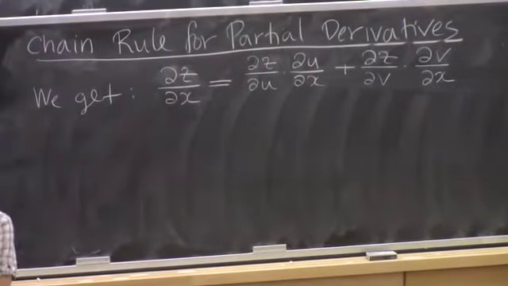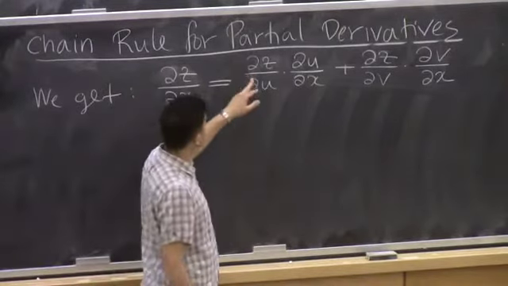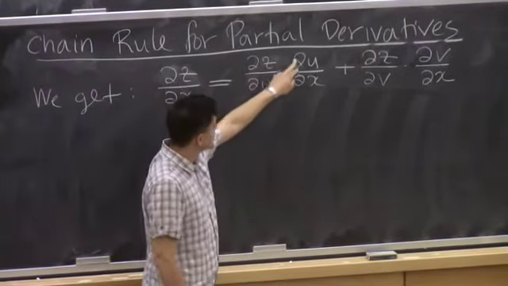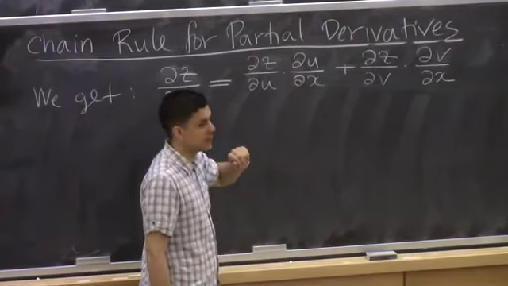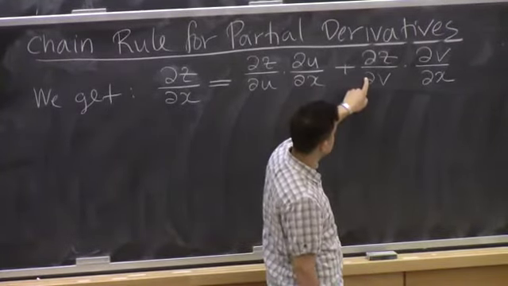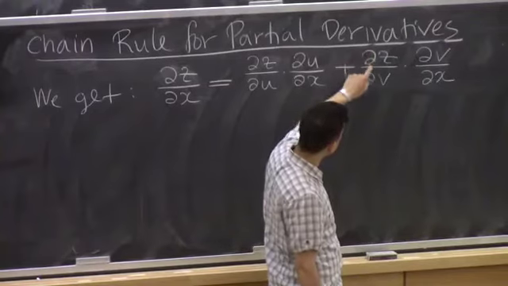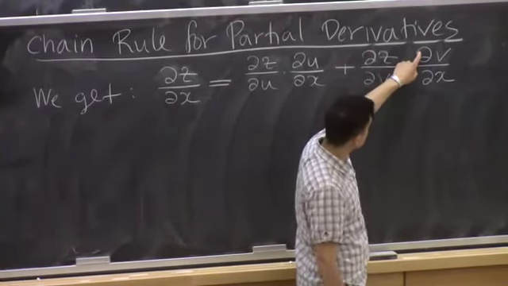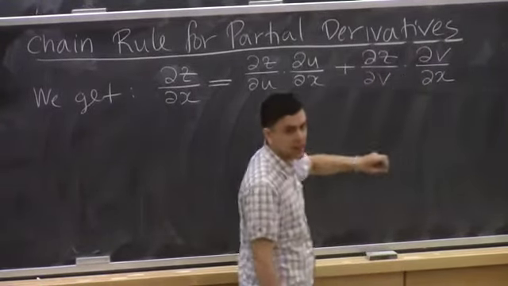Okay, so in formulas, we take the partial derivative of z with respect to u, and we multiply that by the partial derivative of u with respect to x. Or we take the partial derivative of z with respect to v, and multiply by the partial derivative of v with respect to x.